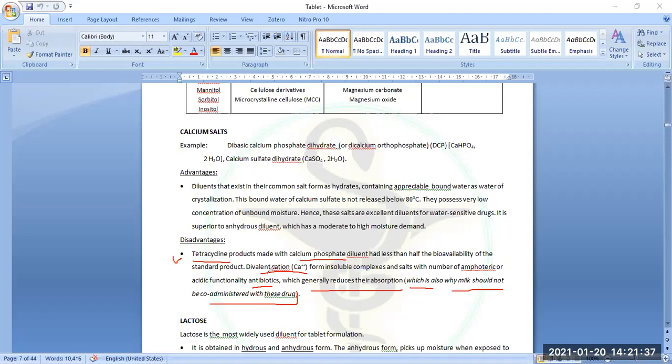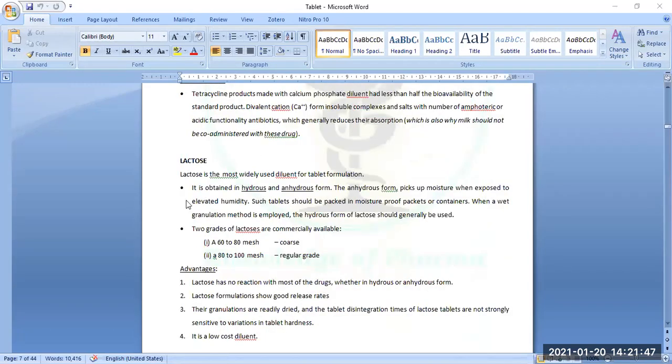Because it forms a complex with the calcium which is present in milk. So that's why tetracycline bioavailability is decreased. So at that time we can use a separate type.